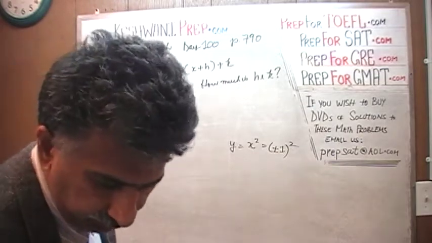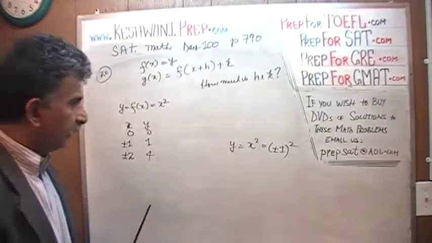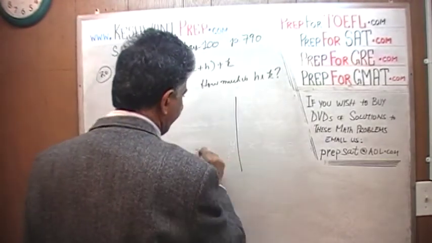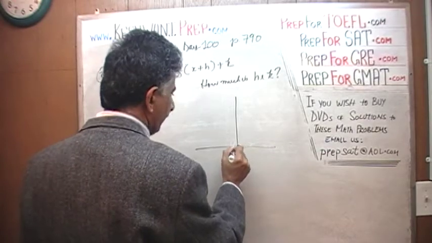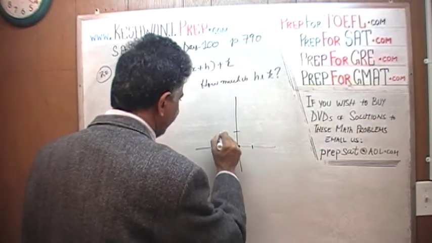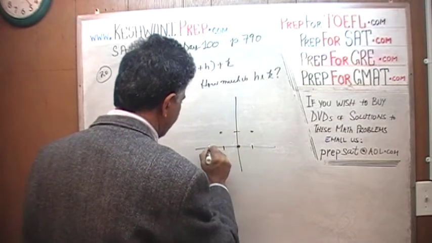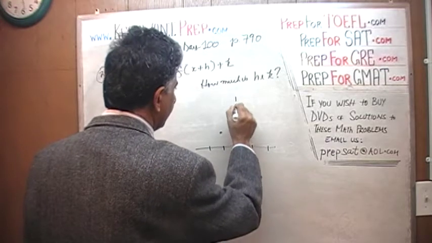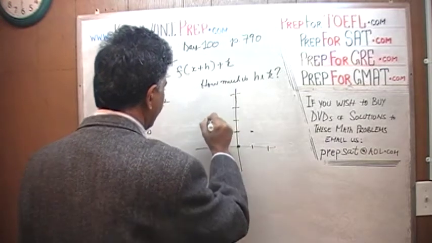Let's see what this graph looks like, shall we? We have 5 points already, that's plenty. So when x is 0, y is 0. Here's our first point. When x is positive 1 or negative 1, y is 1. When x is positive 2 or negative 2, y is 4. 1, 2, 3, and 4.